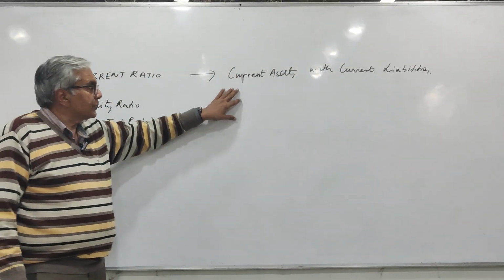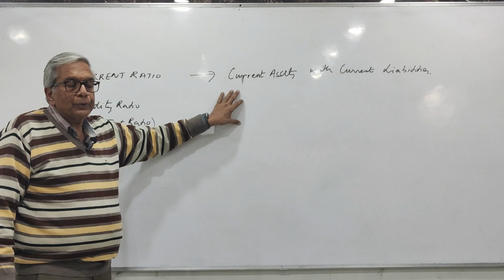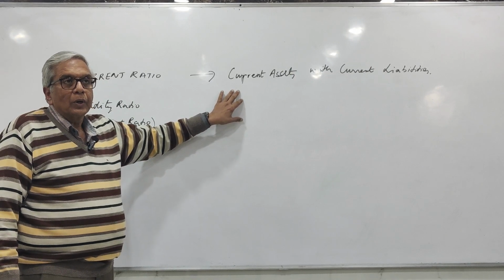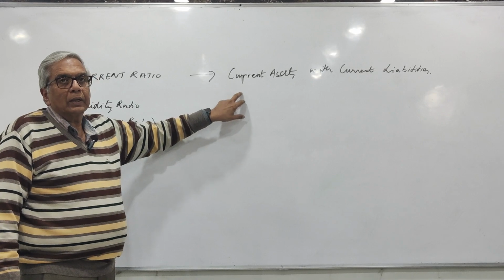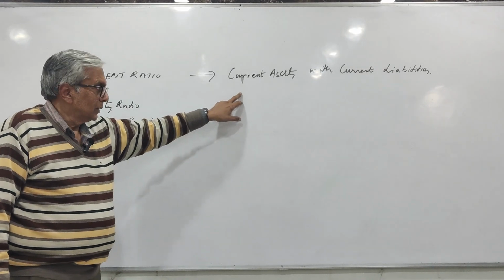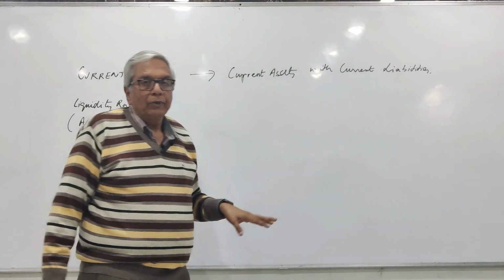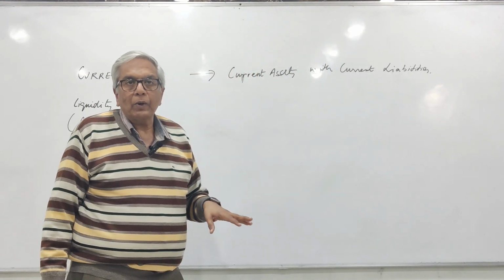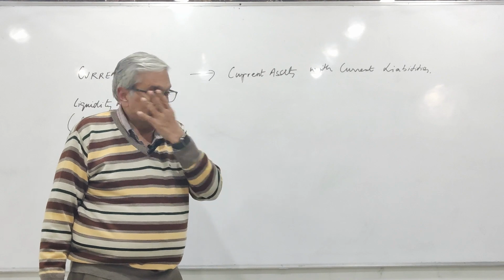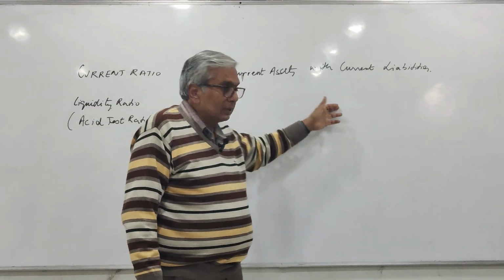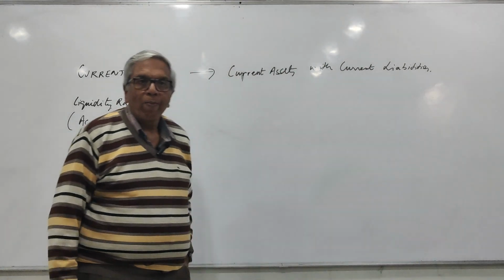Now what are current assets? Current assets are all those assets which are converted into cash within one accounting year. Current liabilities are all those liabilities which have to be paid off within one accounting year. So current assets bring money in, current liabilities take money out.